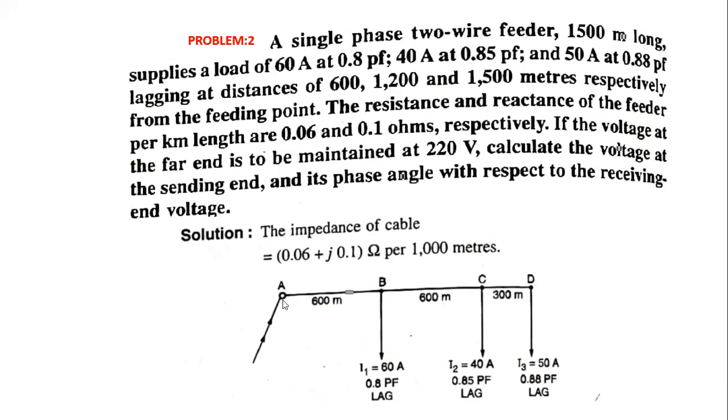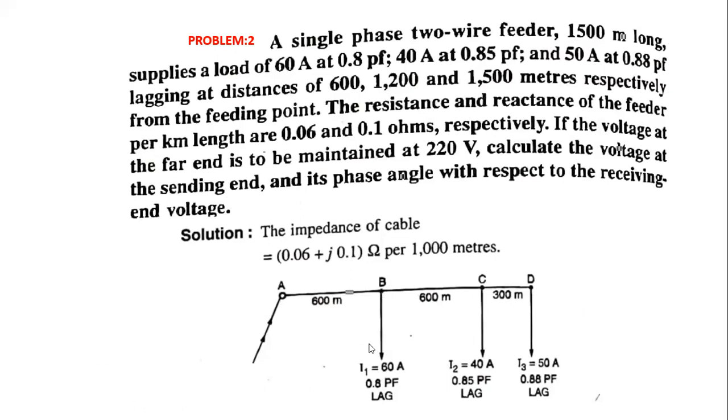The distance across the A to B section is 600 meters, the B to C section is 600 meters, and the C to D section is 300 meters. This is the distribution feeder fed at one end. The loads are tapped at points B, C, D.